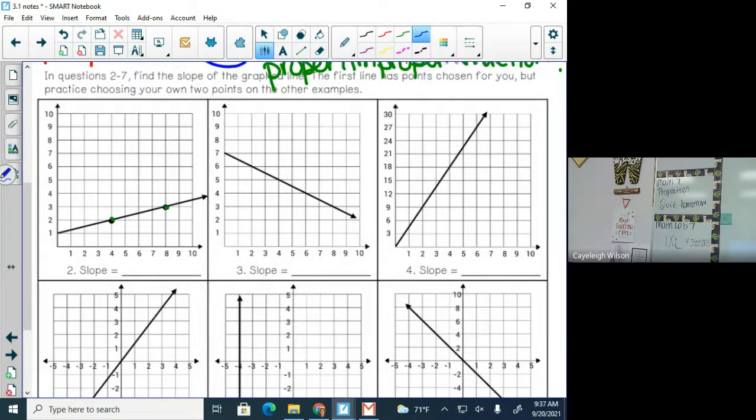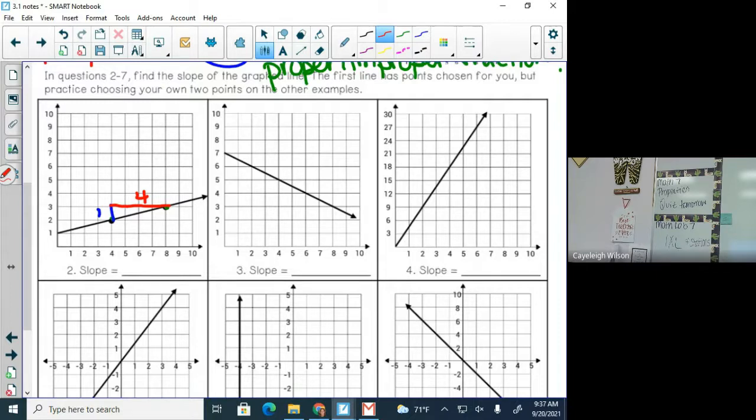All right, so I'm going to count my rise first. I'm going to start down here, and draw a triangle to get to that other point. Here we go. I'm going to rise up 1, so that's a 1 right there. I'm just rising up until I'm even with the other point. And then I'm going to count my run. 1, 2, 3, 4.